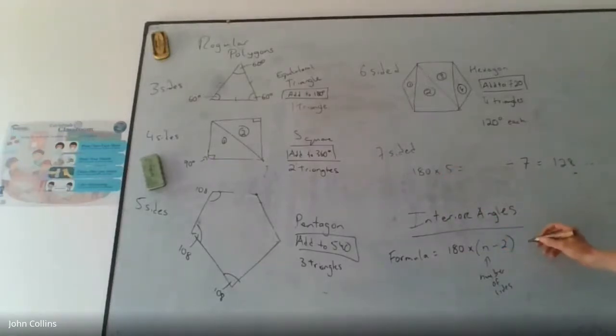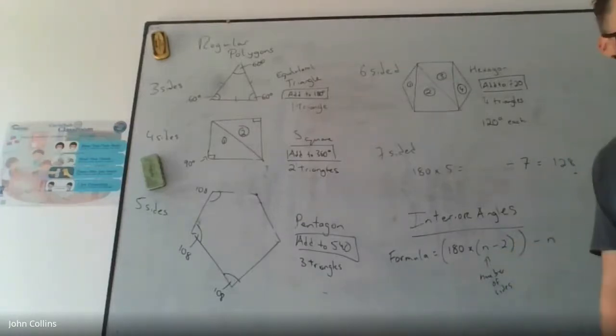And then what do I divide by? Divided by n. So the 180 multiplied by the number of sides, take away 2, and then divided by the number of sides.